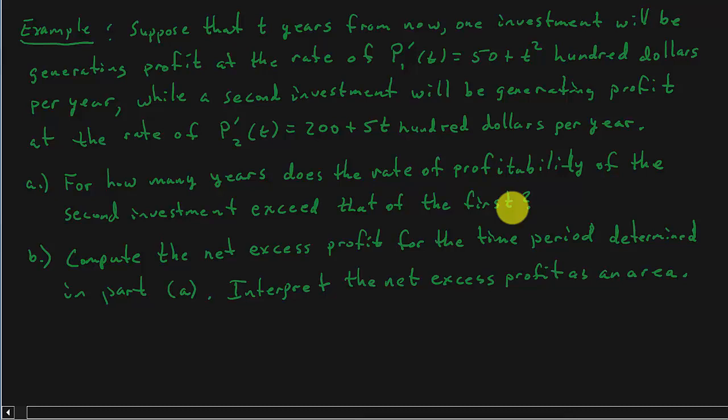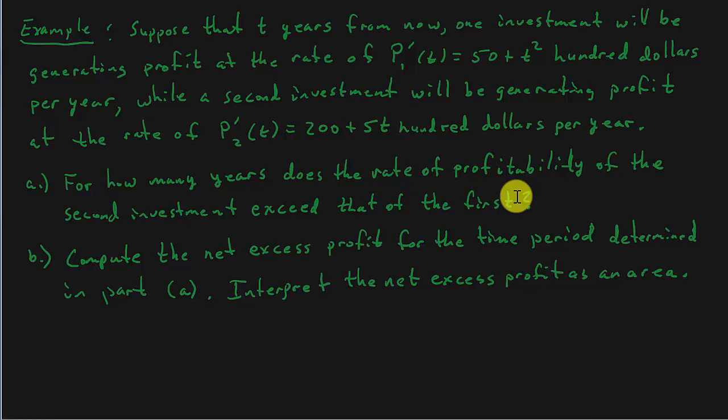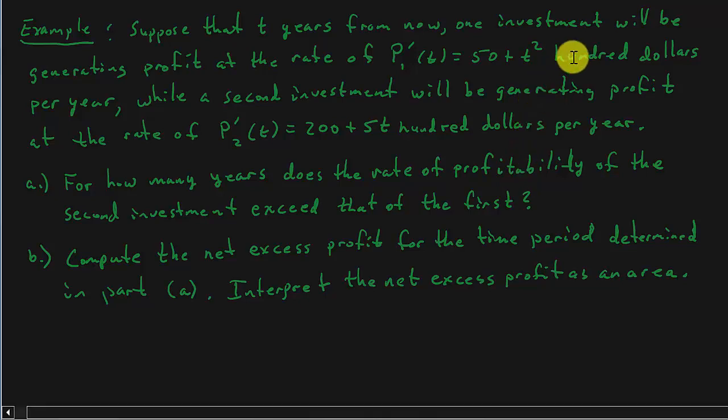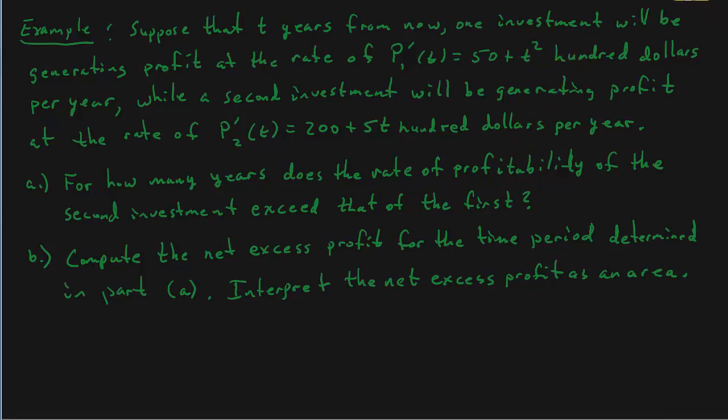For how many years does the rate of profitability of the second investment exceed that of the first? Okay, so that's Part A. Part B, compute the net excess profit for the time period determined in Part A. Interpret the net excess profit as an area. All right, let's look at this.